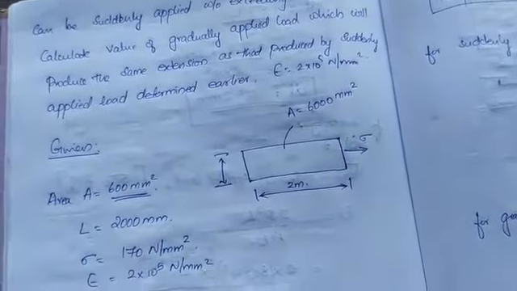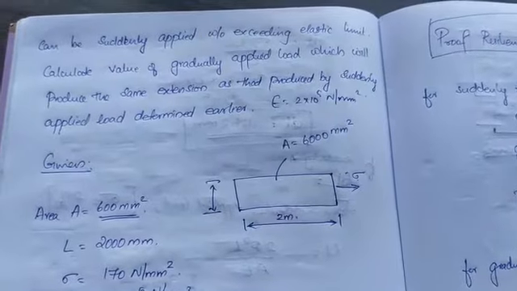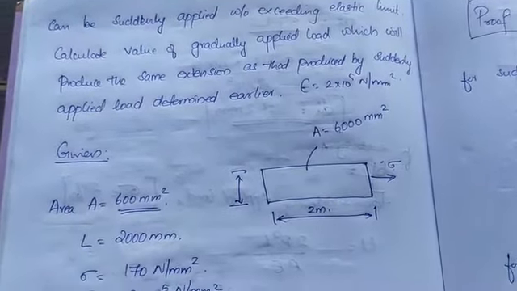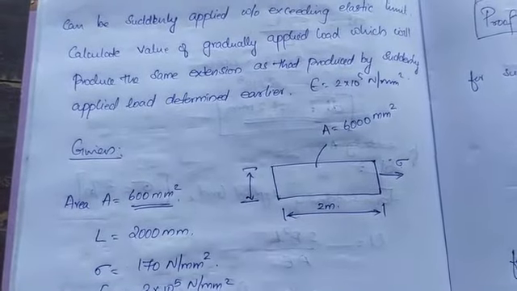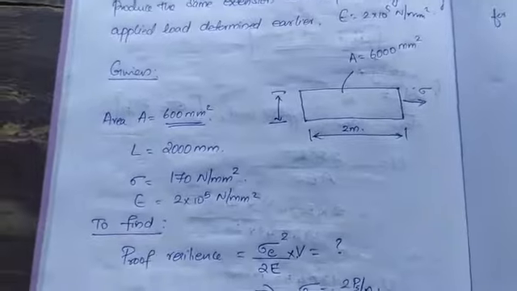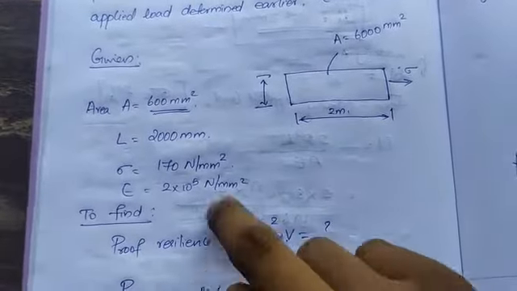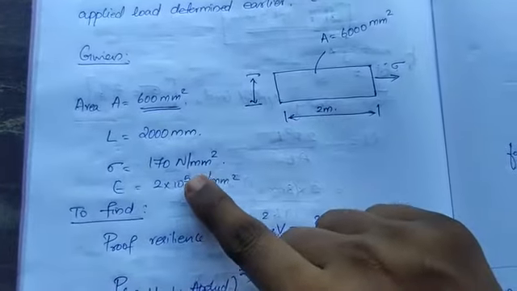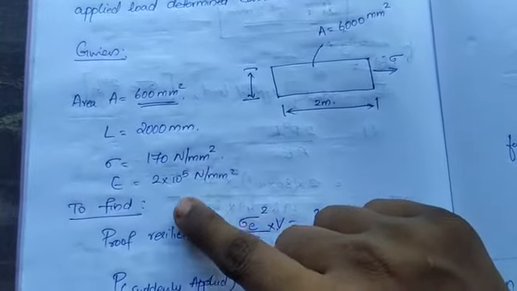If it is suddenly applied, sigma is 2P by A, and if it is gradually applied, it is P by A. So given data: area is given, length is given, sigma is 170 Newton per mm square, E is given.